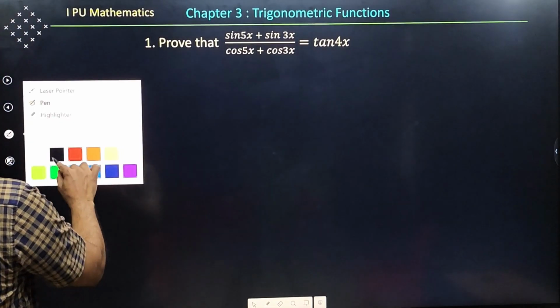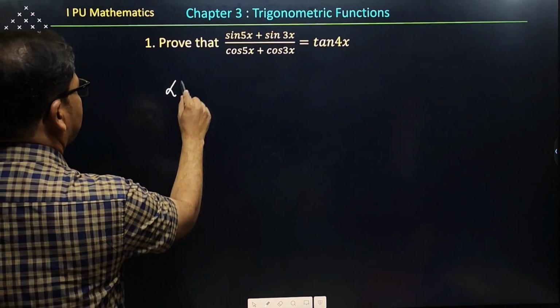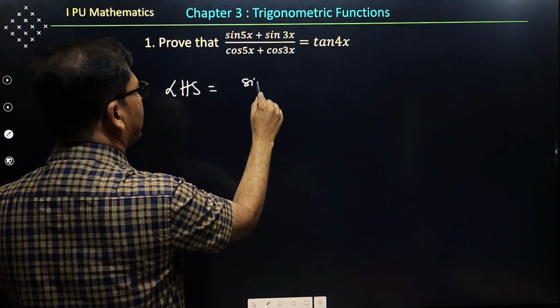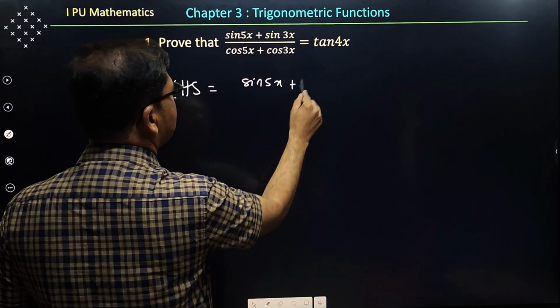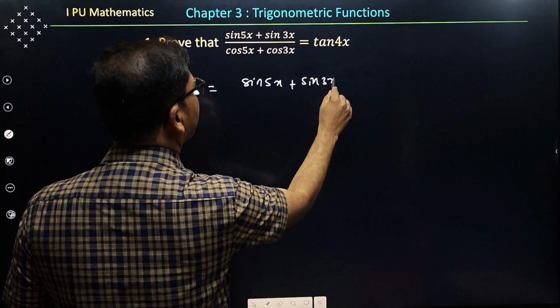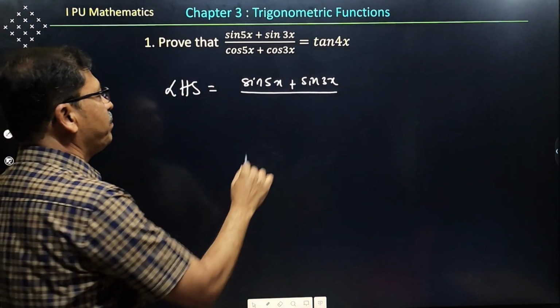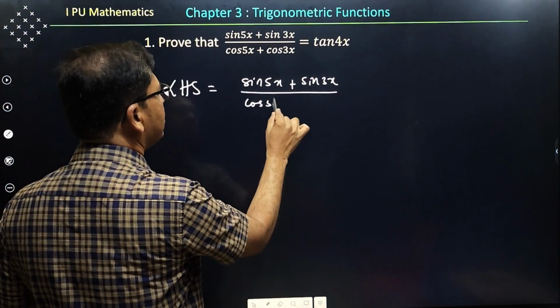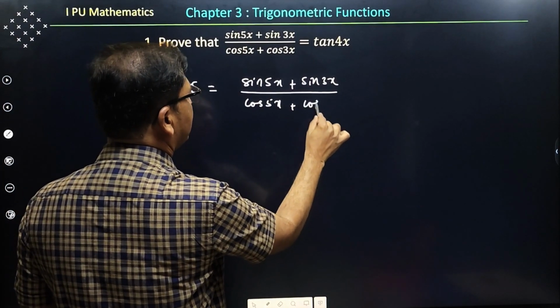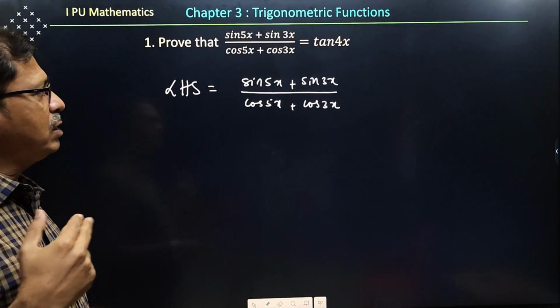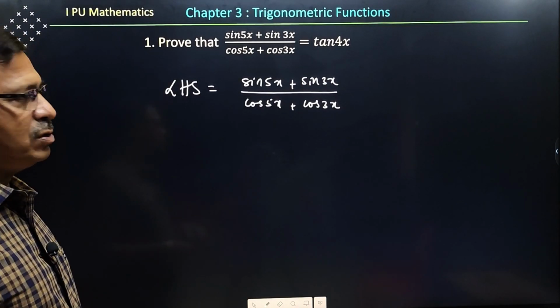First of all, let me take the LHS part of this one. The LHS is (sin 5x plus sin 3x) divided by (cos 5x plus cos 3x). Now let us apply the formulas for sin c plus sin d and cos c plus cos d.